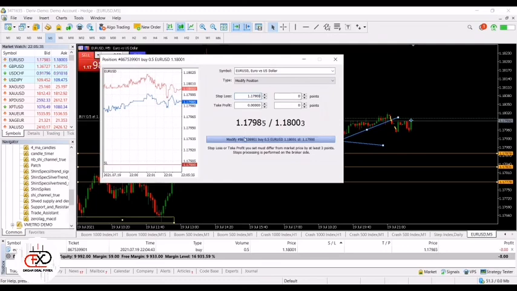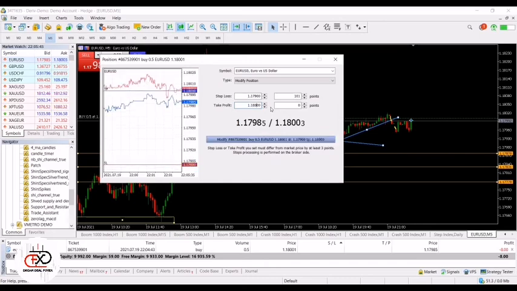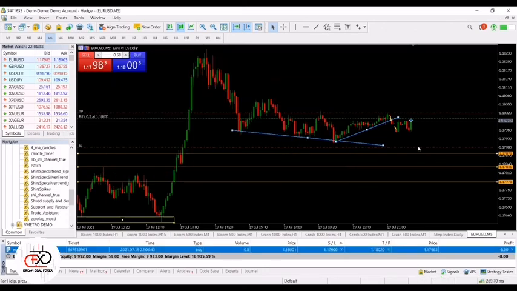You see it has come to modify. So I'll click on modify. So let's say I'm putting my take profit at 1.18020. Then I'll just modify. So below is the stop loss, then above is the take profit.